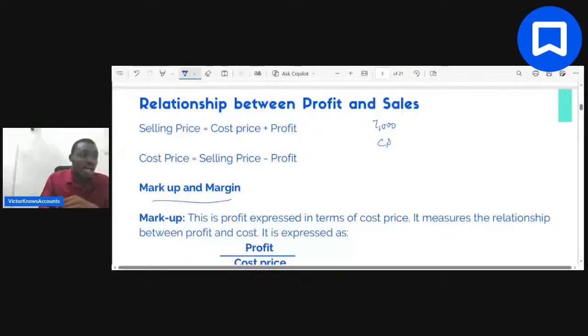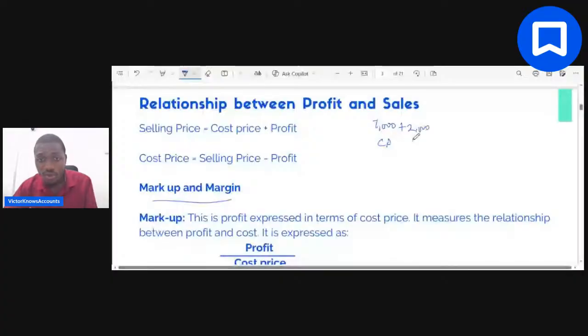I have to think, how much profit do I want to make? So if I think it's just okay to make 2,000 naira profit, you add 2,000 naira profit. You now sell it for 9,000 naira. That will be your selling price. It's as simple as that.